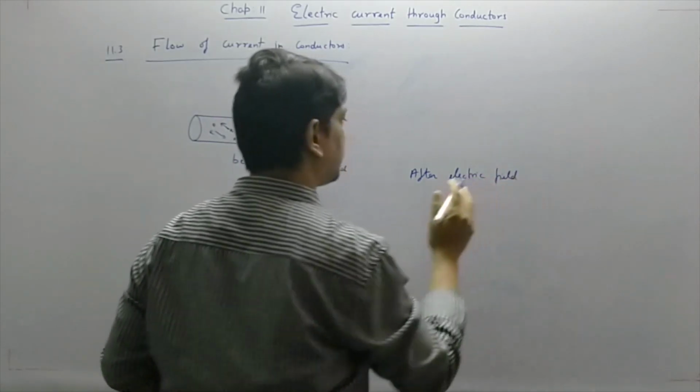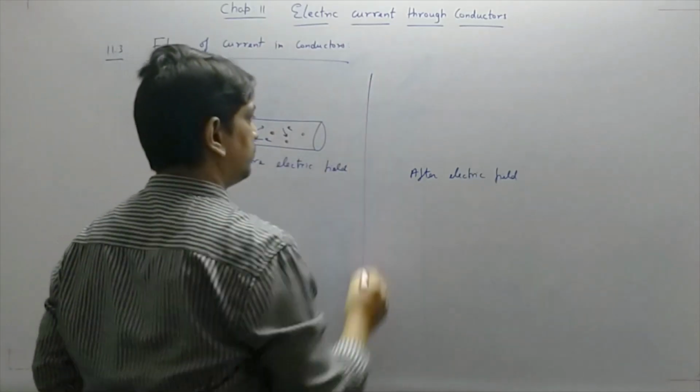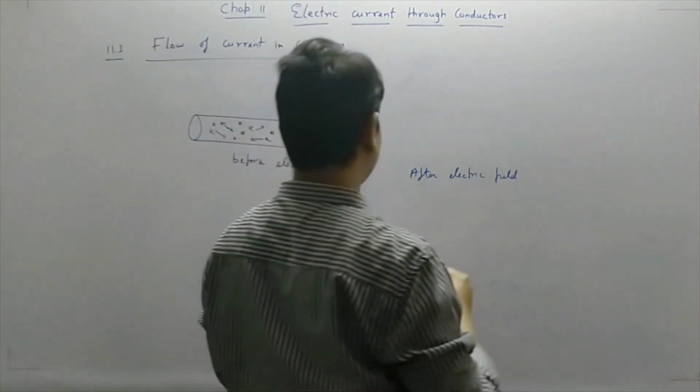Now electric fields are applied with the help of what? Basically electric fields are applied with the help of cells, that is a battery.